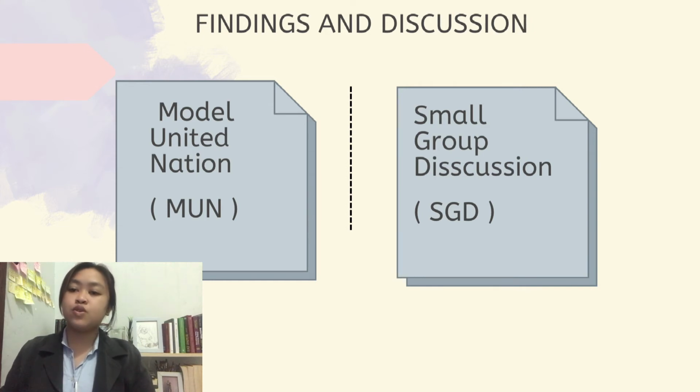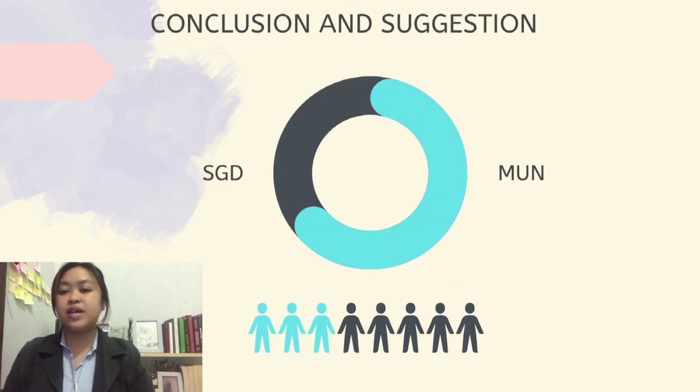It can be concluded that the students having high learning motivations have better speaking skill than those having low learning motivations, and there is interaction between teaching methods and student learning motivations to teach speaking. Thus, it can be concluded that the effectiveness of teaching method is influenced by the level of student learning motivations.